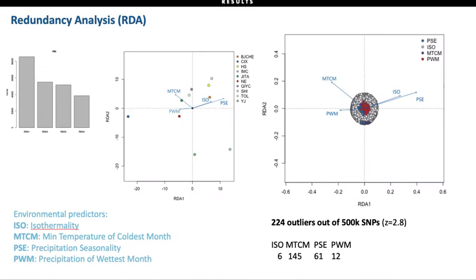The results show the first 2 RDA components explained more than 65% of the variance, and we identified 224 outliers that were significantly associated with the climate variables, and the minimum temperature of the coldest month was associated with the majority of the outliers.